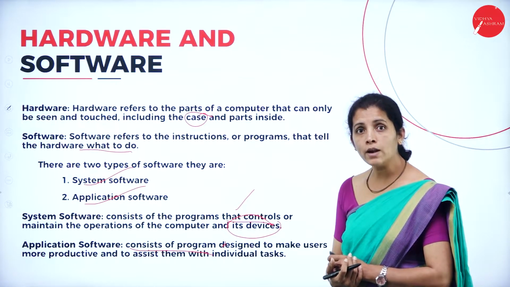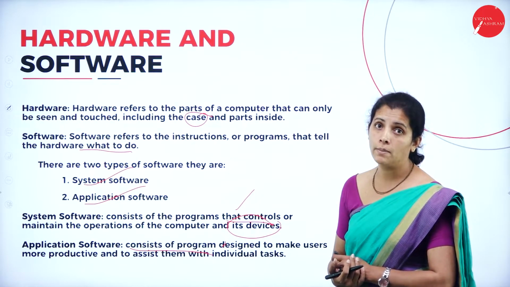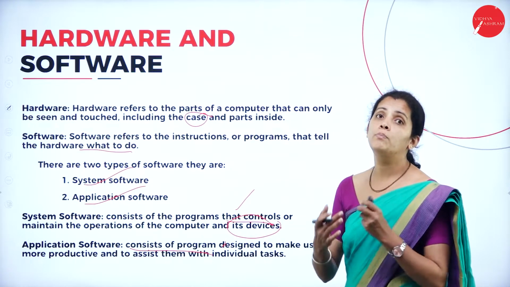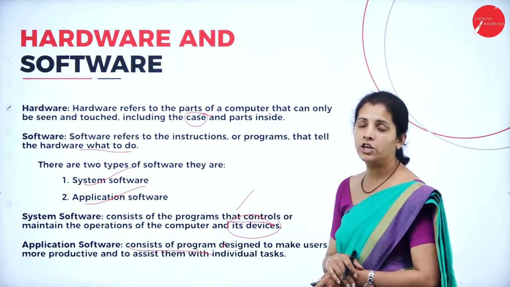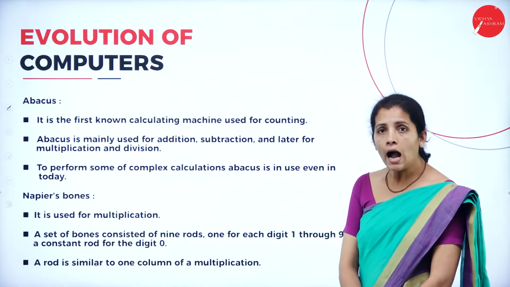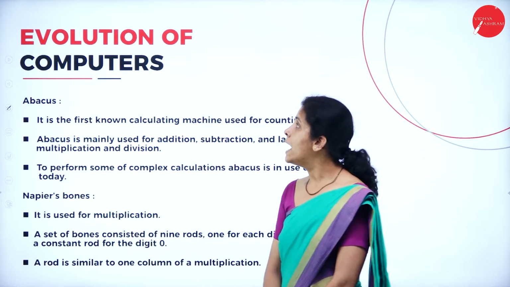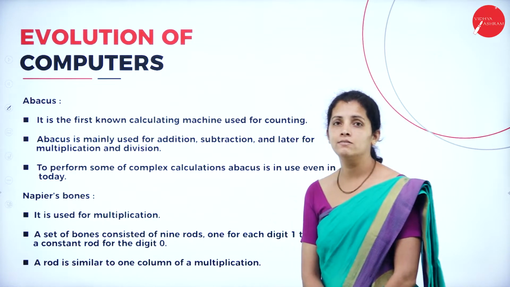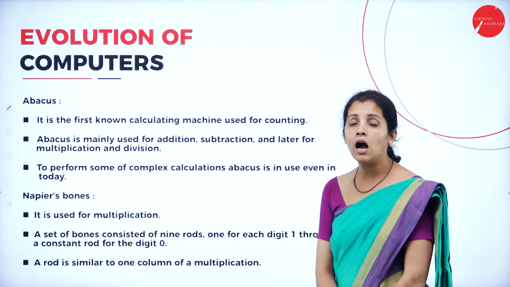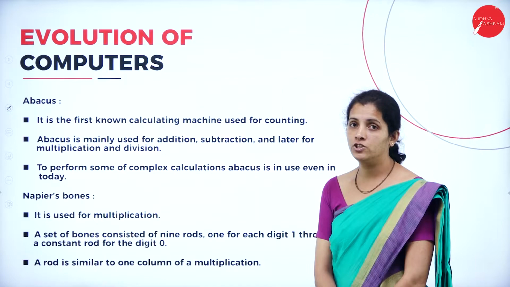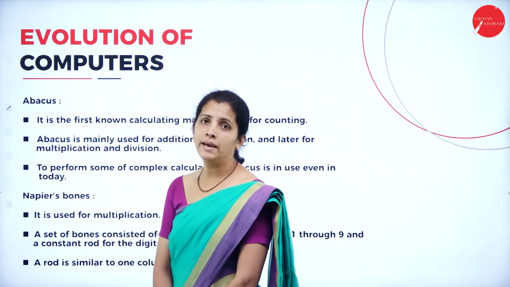The software which is designed based on the user requirement in order to perform intended tasks is known as application software. Followed by this topic, I'm going to have evolution of computer system. That means when these computers came into the picture. So at the beginning, I'm going to have abacus.